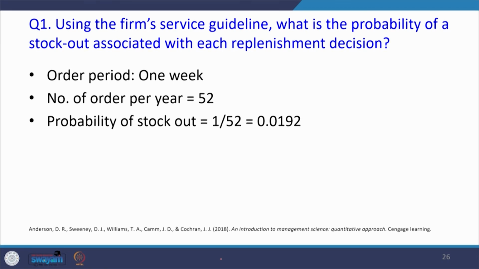So, here the order period is 1 week, that is given in the problem. If it is 1 week, what will be the number of orders per year? Because 52 weeks, there will be 52 orders. Then the management is willing to tolerate 1 stock out. Then if that is the case, what is the probability? So, the probability of stock out is 1 upon 52, that is 0.0192.